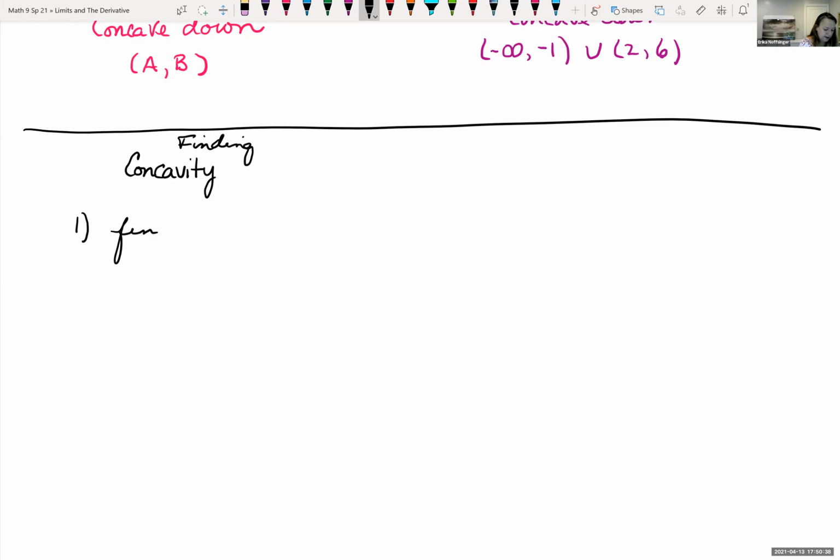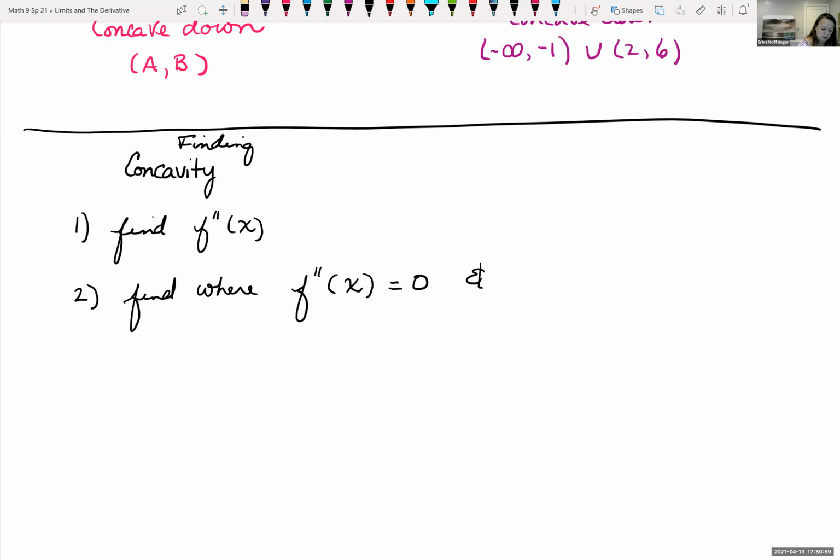So we need to find the second derivative of x. We also want to find when the second derivative of x is equal to 0, or where the second derivative of x is undefined.